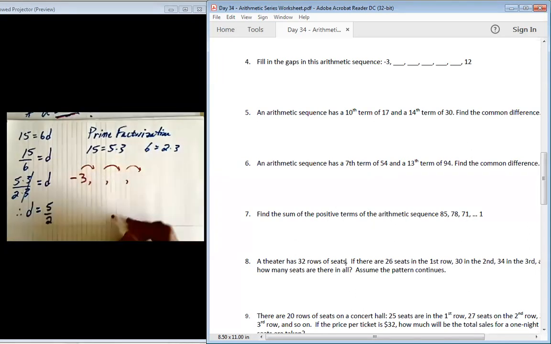Okay, so -3 plus 5/2 might be a little awkward. So we'll use someone's idea there. We'll call that 2.5, and that should make life a little bit easier. Okay, so if we add 2.5 to minus 3, what do we get?